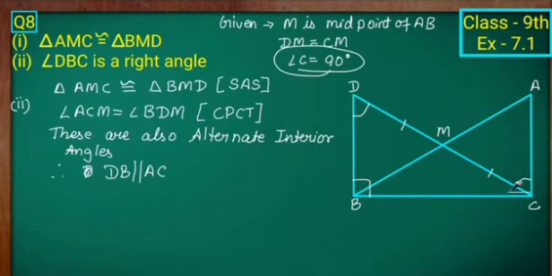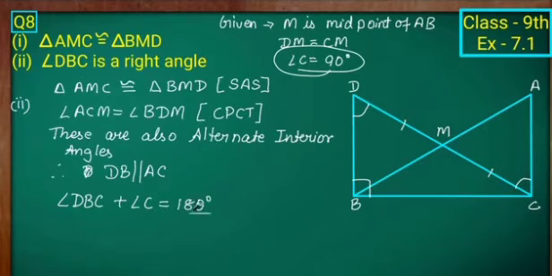Now concentrate on the parallel lines BD and AC. Here BC is a transversal. So in parallel lines DB and AC, BC is a transversal. You know that very well, angle B and angle C are consecutive angles. The sum of two consecutive angles equal to 180 degrees.